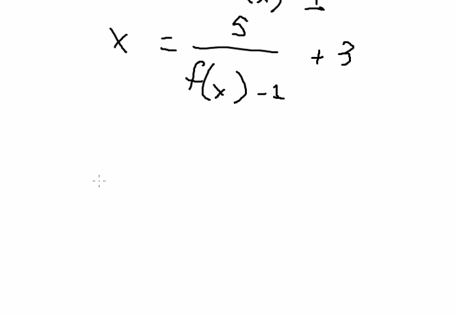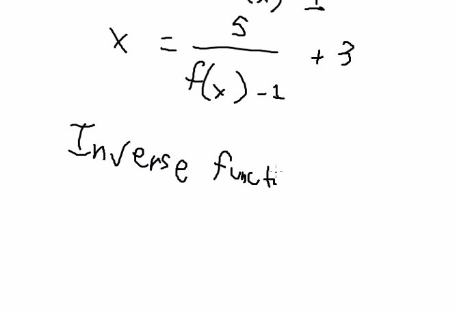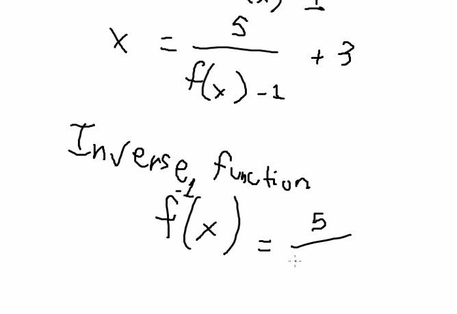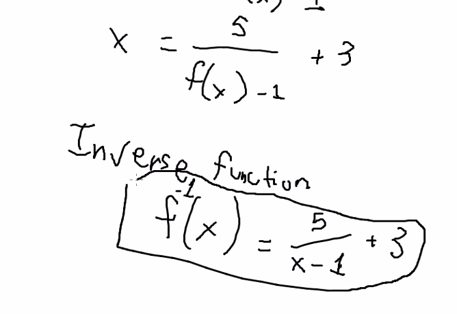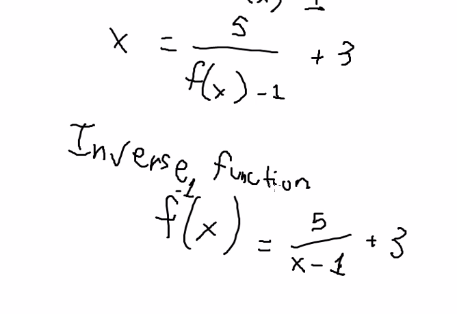And now we have the inverse function. That should be f of x with negative 1 equal to 5 over x minus 1 plus 3, and this is the final answer. That's the end. Thank you for watching.